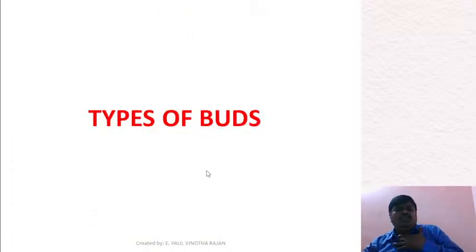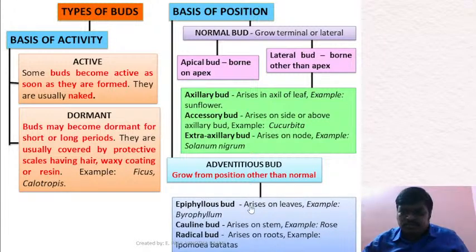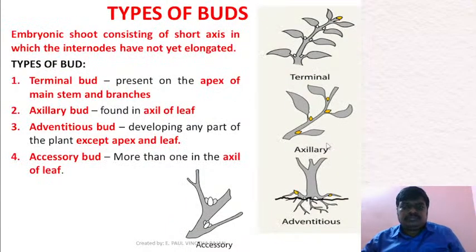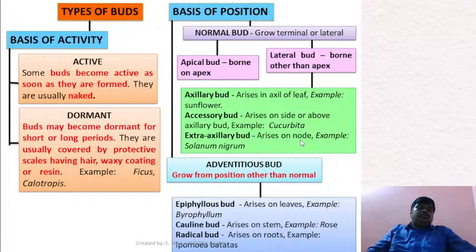Then we are going to talk about the types of buds. These are all the types of buds based on activity. Active and dormant.